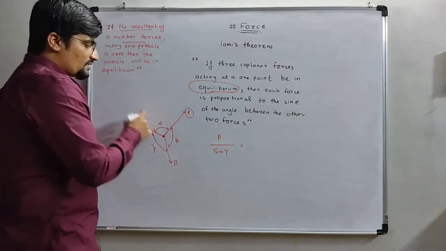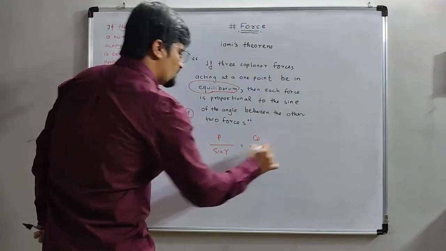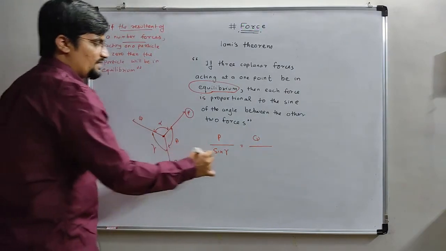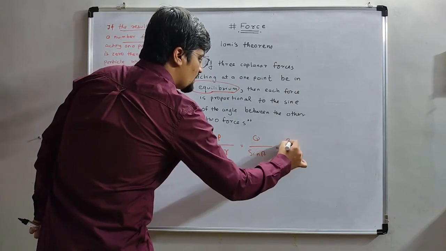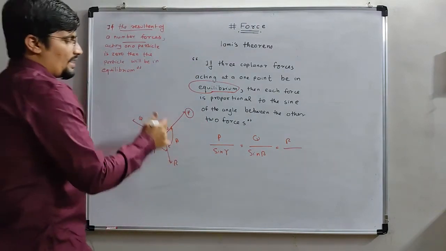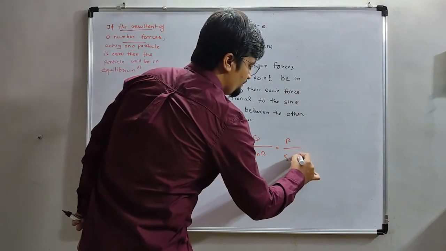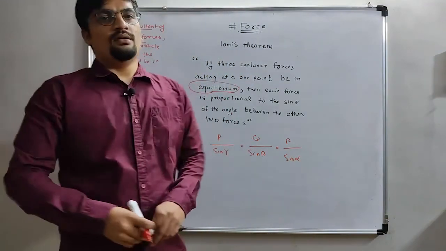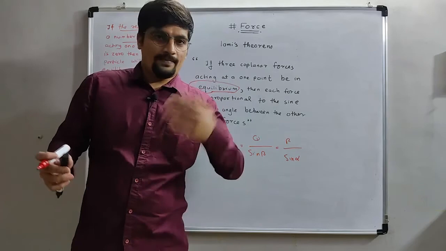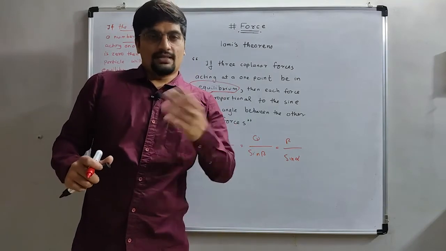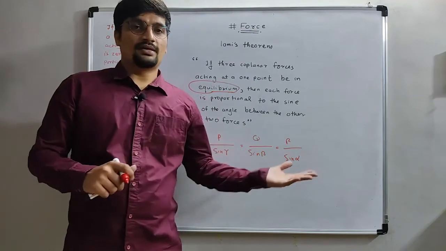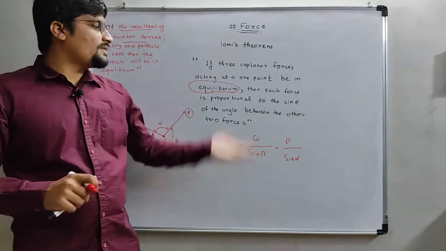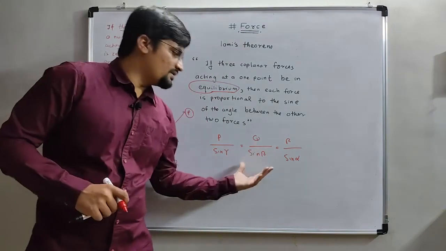It is equal to Q, which is proportional to sine beta, and R, which is proportional to sine alpha. So the numericals of the law of parallelogram and triangle we can solve by using those equations. Numericals of resolution we can also solve by those equations, and the numericals of Lami's theorem we can solve by this equation.